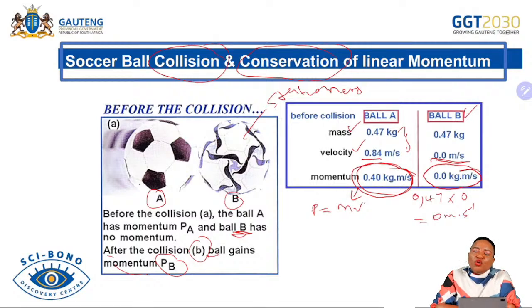But now, according to the law of conservation of momentum, it says the total linear momentum of an object remains constant or is conserved.